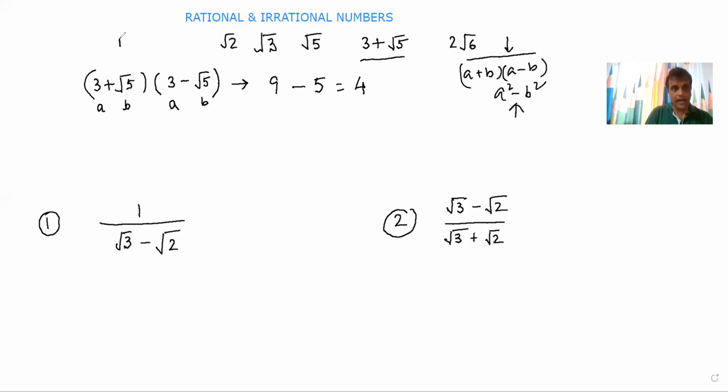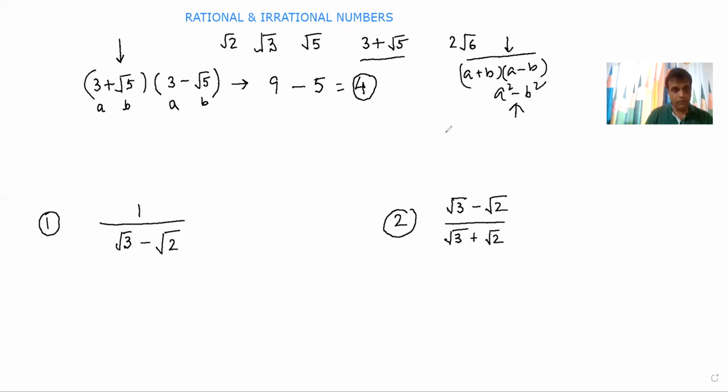Hence, when an irrational number is multiplied by its rationalizing factor, where the sign gets reversed and the number remains the same, we get a rational number. Very, very important, because this is the property which we are going to use everywhere in the entire questions which we are going to do.